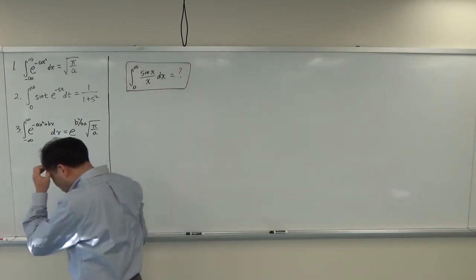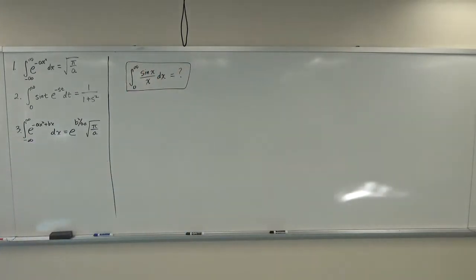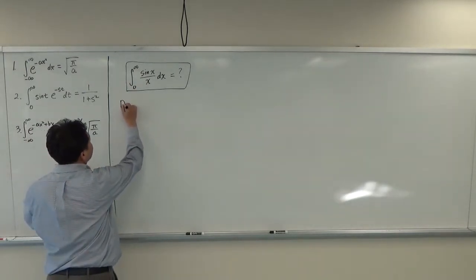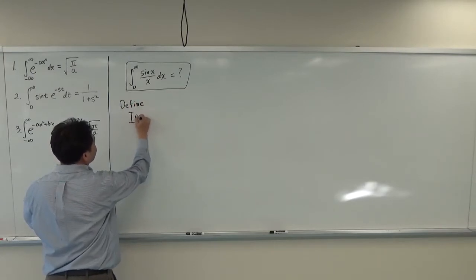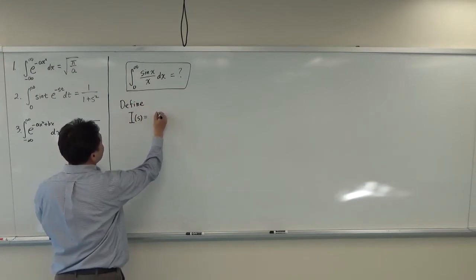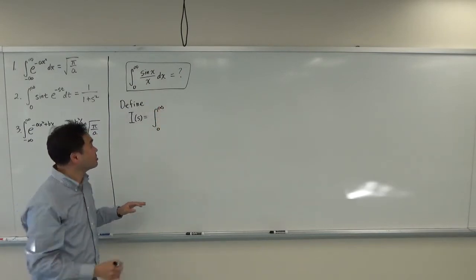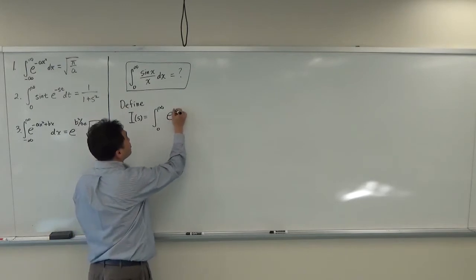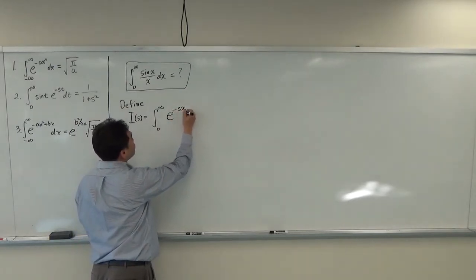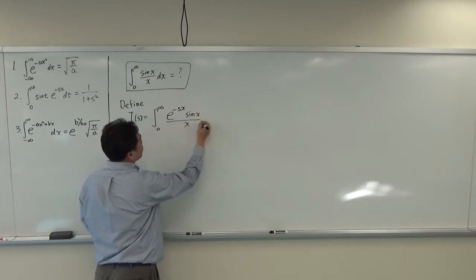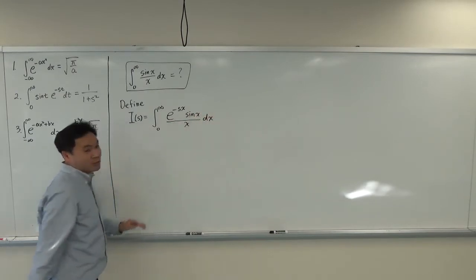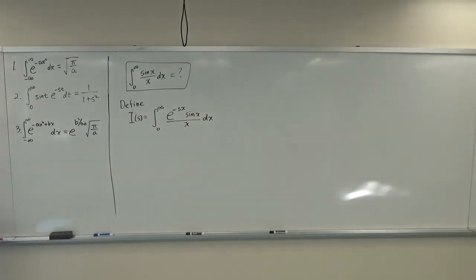So what we are going to do is define I of s equals the integral from 0 to infinity, and make it worse. So I want to put e to the negative sx sine x over x dx. So we want to make it worse.